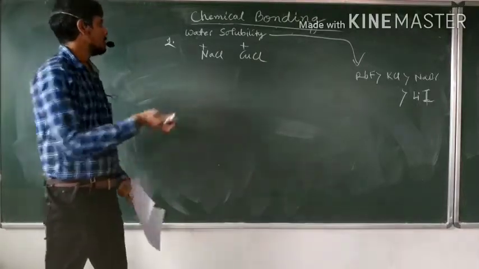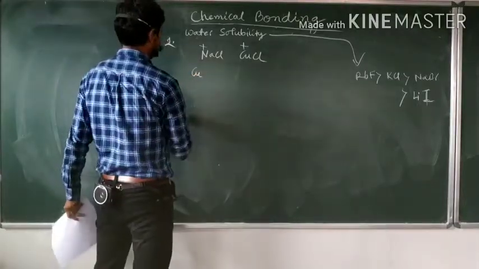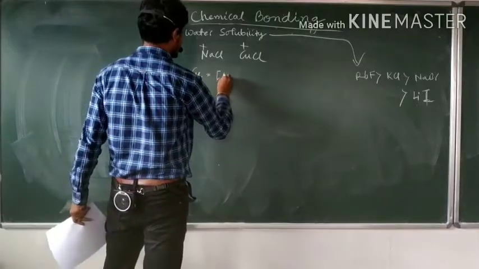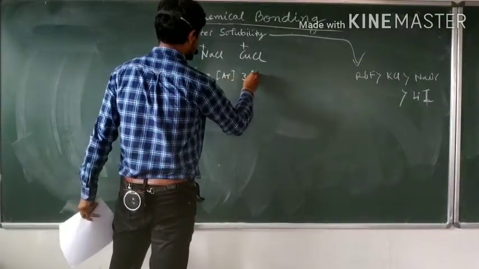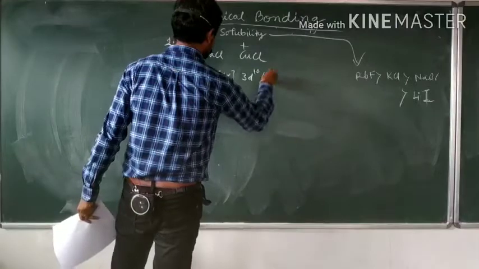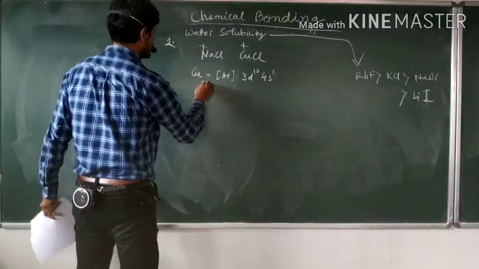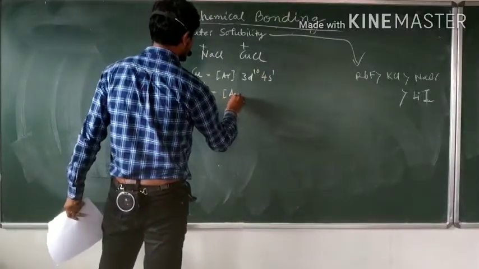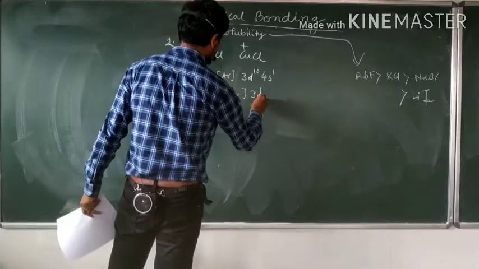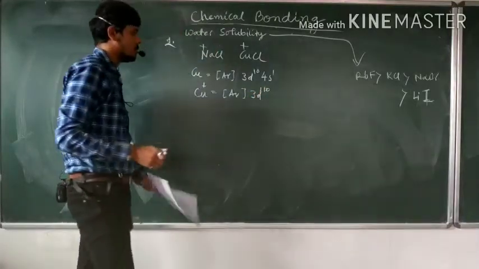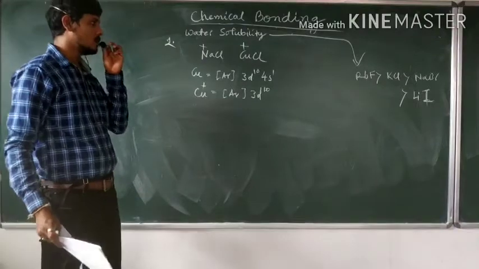So what is the electronic configuration of copper? Argon 3d10 4s1. So if I take Cu positive, I get argon 3d10.